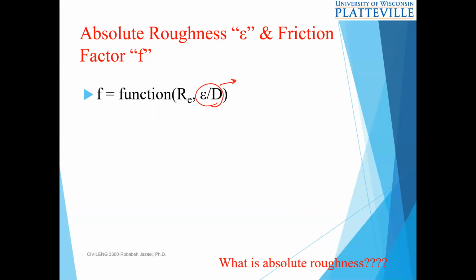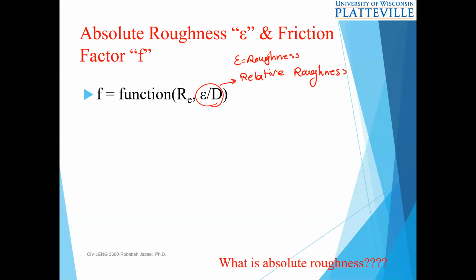This one is called relative roughness. Epsilon is called just roughness. All right, so we're going to introduce roughness shortly. Okay, in a second you will see what roughness is.